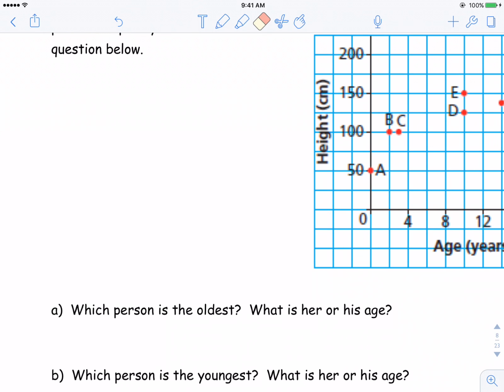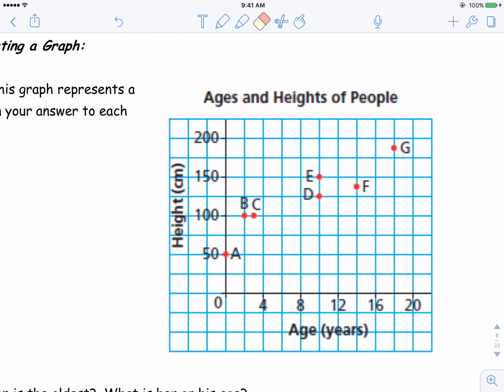Question A says, which person is the oldest and what is his or her age? Oldest, so we look at age, we find out where the oldest person would happen to be, and that would be way over to the right, wherever the furthest one to the right is. And we can see that it is at G here, and G would be about how old.